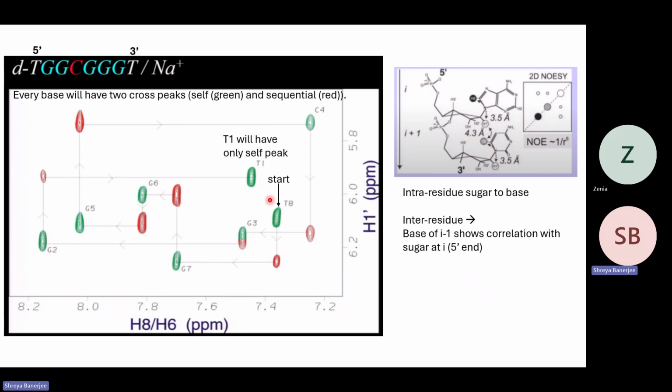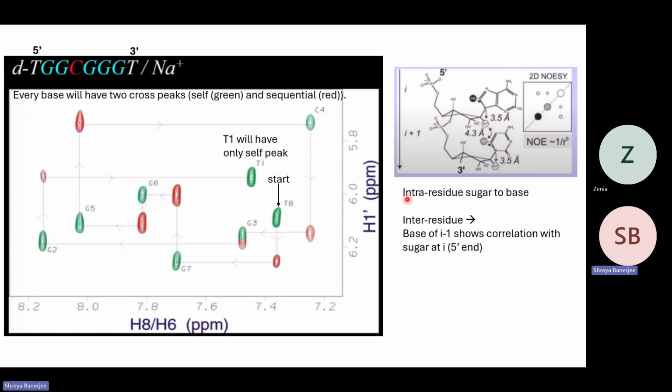So here it is a DNA sequence. If we start from T8, the self peak is shown in green and the sequential peak is shown in red. T8 shows a self peak, within itself, and one with the residue before it. So this is the sequential peak with G7.